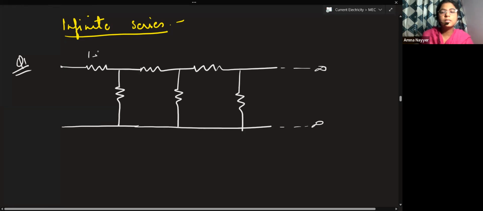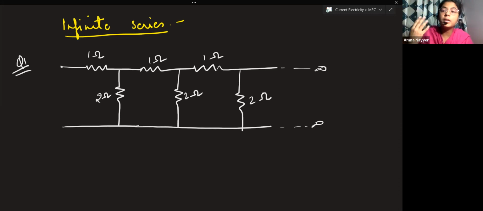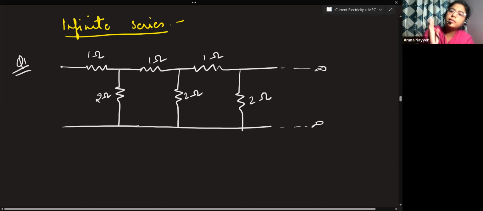So let's say this is a 1 ohm resistor connected with a 2 ohm resistor, 1 ohm connected with 2 ohm, 1 ohm connected with 2 ohm, and this series keeps on repeating. How many resistors are there? Infinite resistors are arranged in this way. But calculation of it is very difficult.